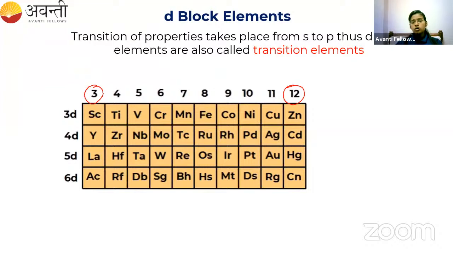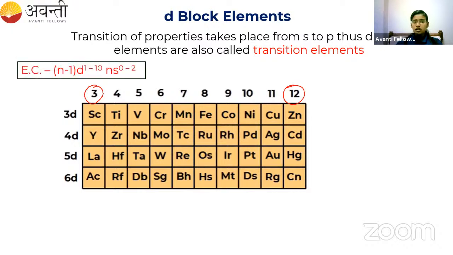If you want to know the outer electronic configuration for D block, it is n minus 1 d 1 to 10, n s 0 to 2. This electronic configuration is very, very important.